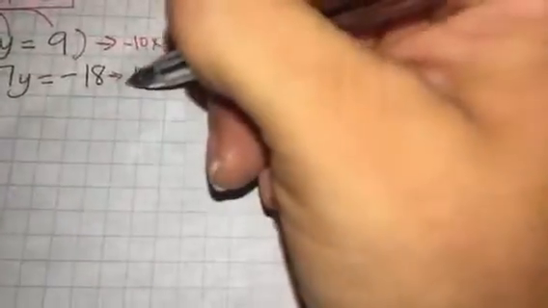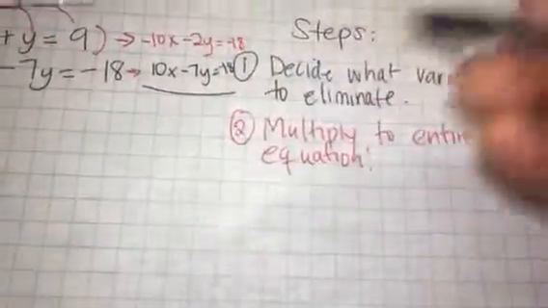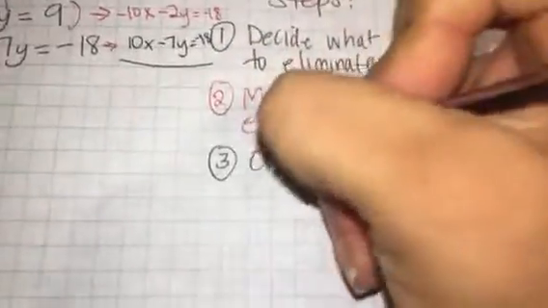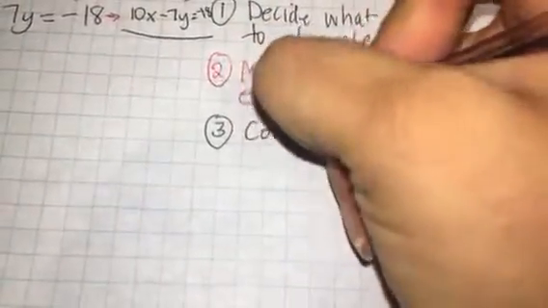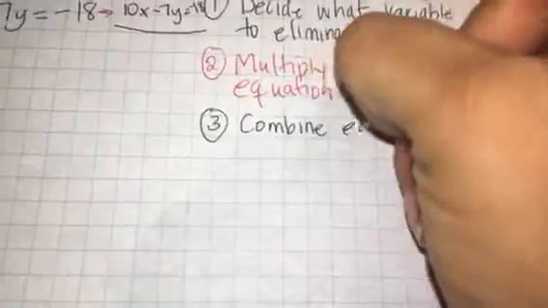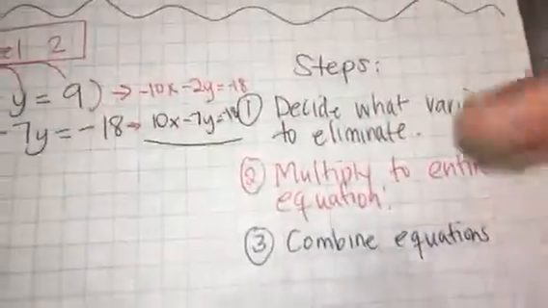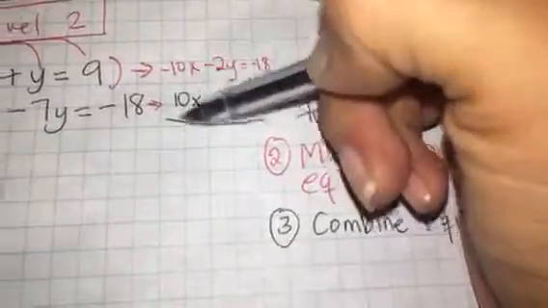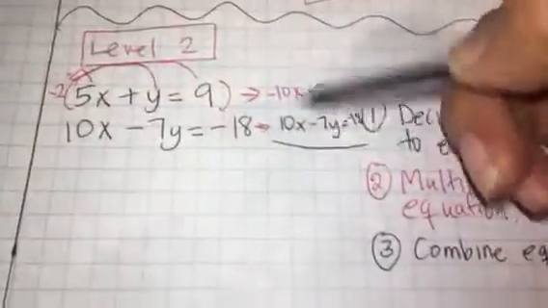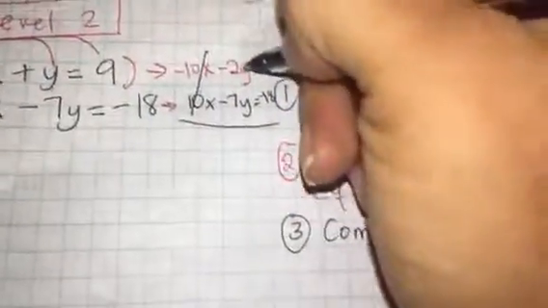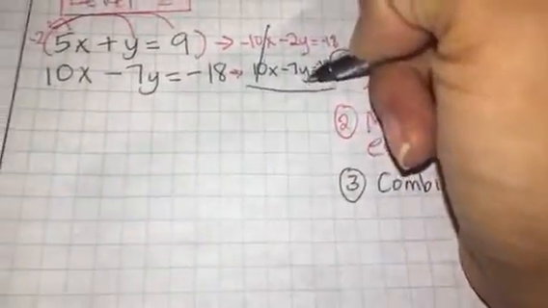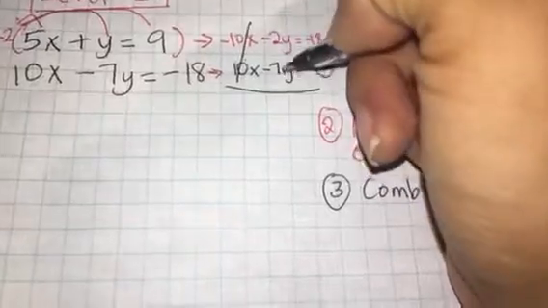So now I'm going to combine equations. I'm combining these equations. Here, I know these are going to cancel out, right? So those are gone. And now I have negative 2y plus negative 7y.